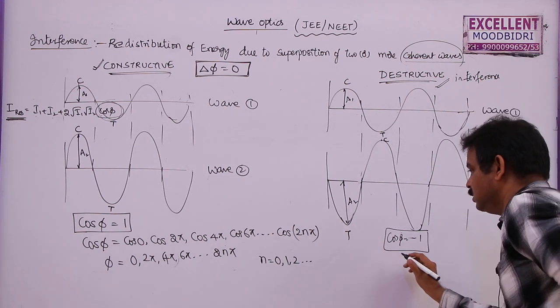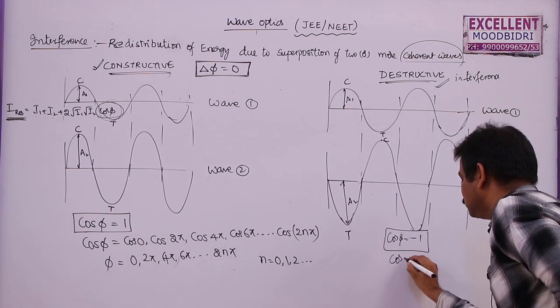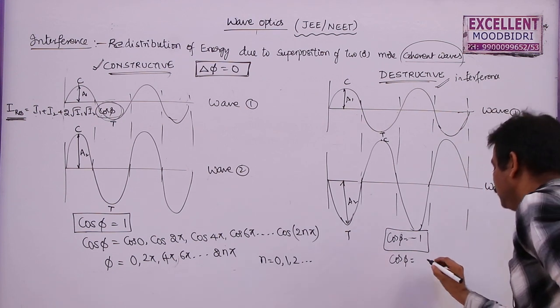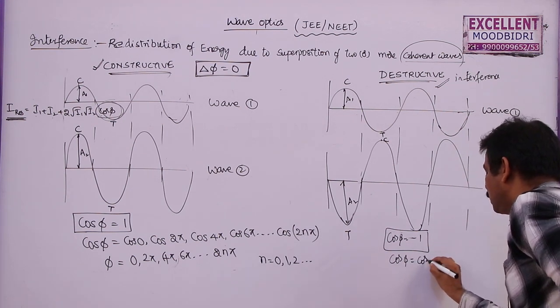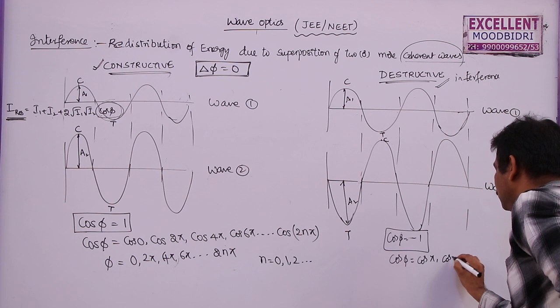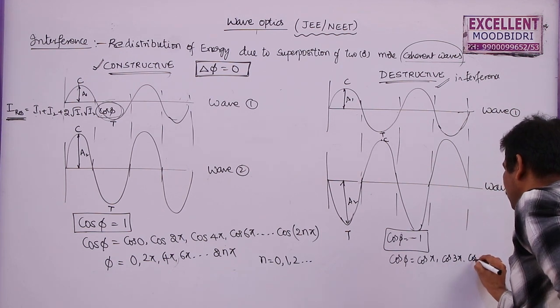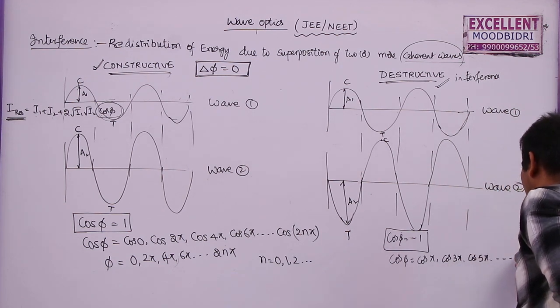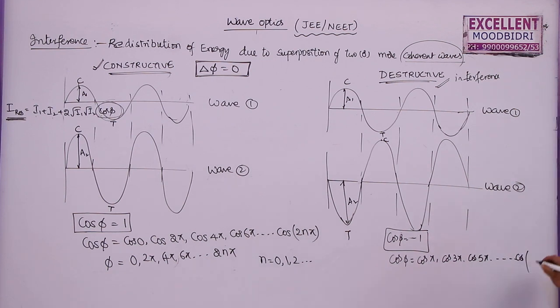So in this case, what are the possibilities? Cos phi can be cos pi radians, cos 3 pi, cos 5 pi, and so on, cos of (2n minus 1) into pi here, where n is equal to 0 is not possible; n is equal to 1 gives 2 minus 1, which is 1, and so on.